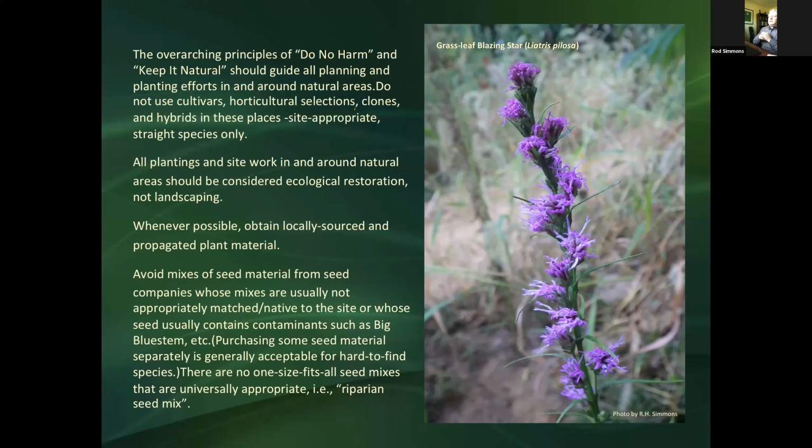Unless you're dealing with an ecological restoration nursery like Earth Sangha, which does grow this species, no other nursery around grows the correct species for that part of Virginia.